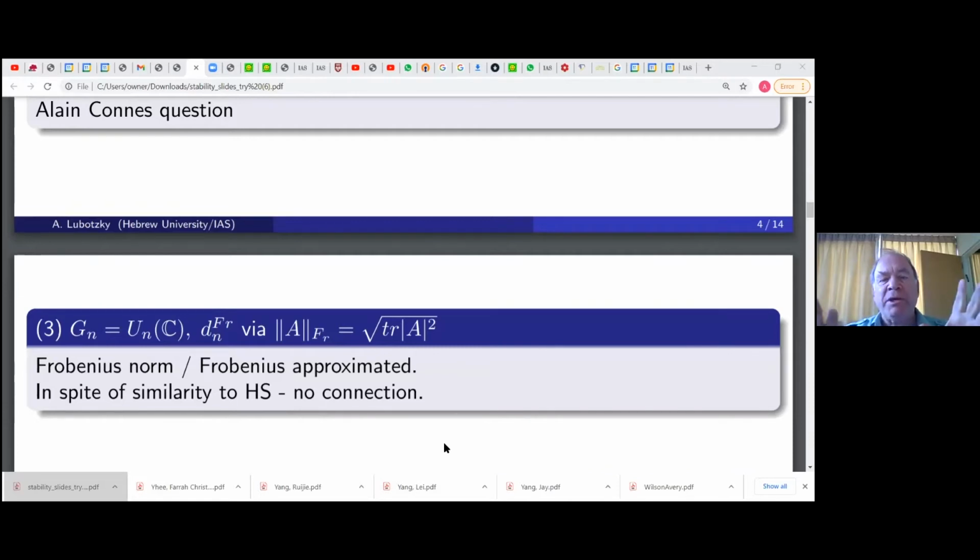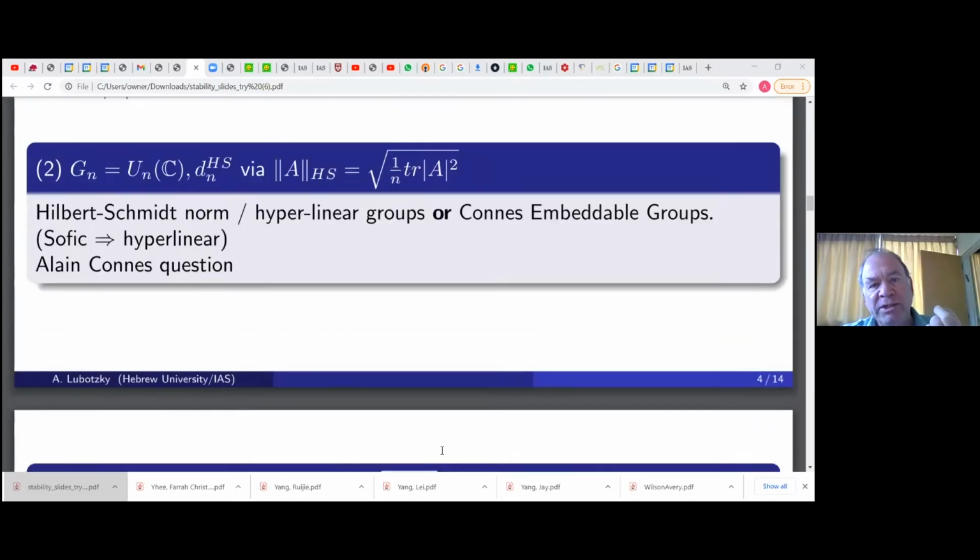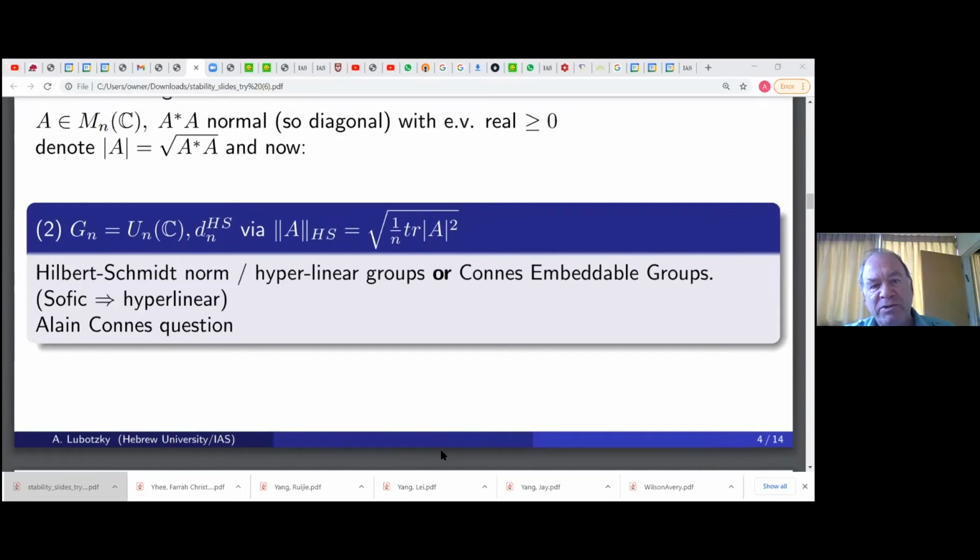A group can be, in principle, we don't know, approximated using one definition, like Hilbert-Schmidt norm, and not approximated by Frobenius, or vice versa. Why? The Hilbert-Schmidt norm is always less than the Frobenius, right? Because it's divided by n.